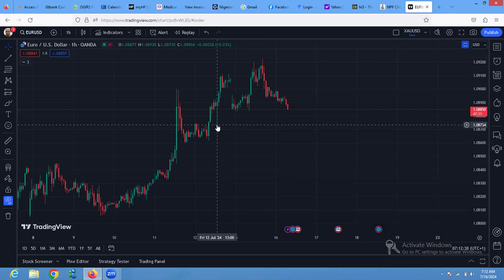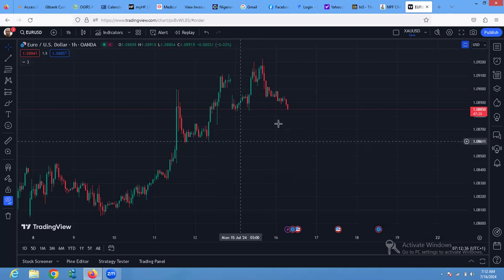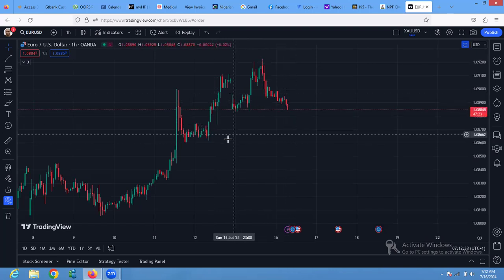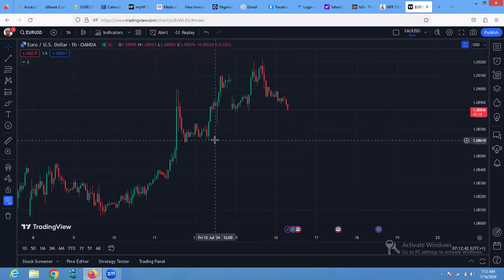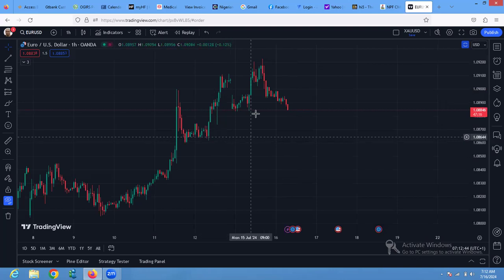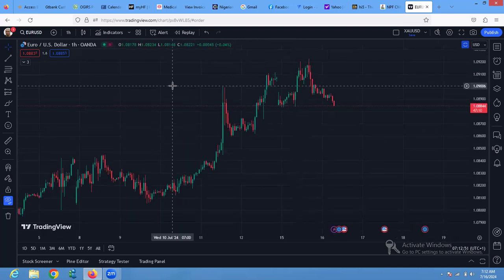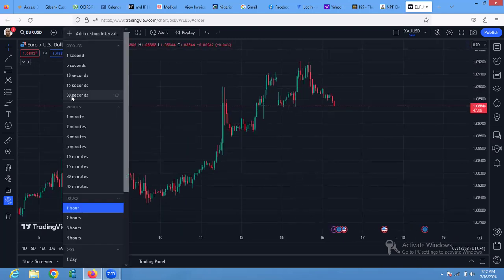I can't remember now what I gave us on the up. So we see price coming to test this area without taking this low, and we should be going back up. If we should take this low and make nonsense of here, then price is going to give us a bigger correction, but I can't see a bigger correction for now. Let me see what we have on the daily time frame.